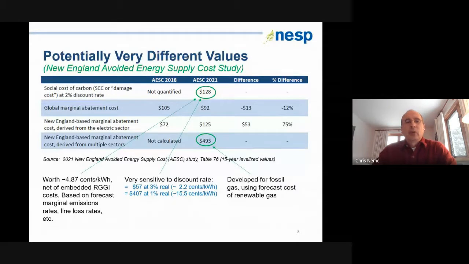If you have a 10% emission reduction goal, the marginal abatement cost will be low, but it's not really a good alternative to the social cost of carbon in that context, if the state has concerns about climate change. In New England, I have to go back to look at the study to get the details, but I believe this was looking at something on the order of a 90% reduction in emissions by 2050 with a trajectory that gets us from here to there.